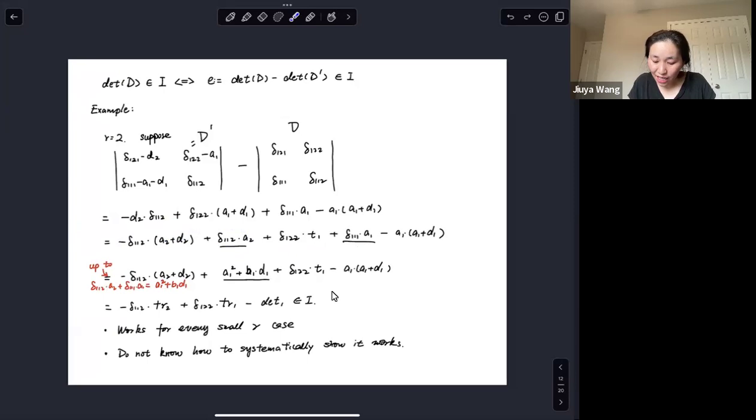In the next step, recall the relation from the multiplication of rho i's. Up to this equivalence, we will get the last expression. The last expression is very good for us because every expression is now either a trace, a determinant, or a delta, which is in I. So we can show that the difference lies in I.